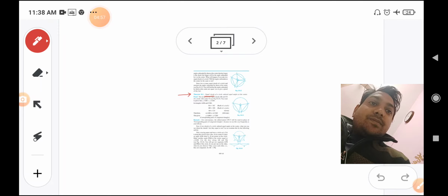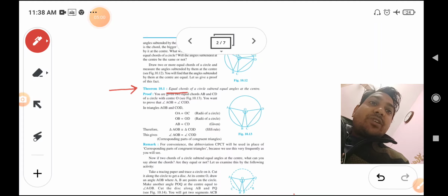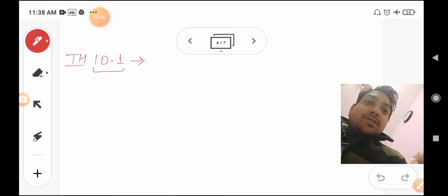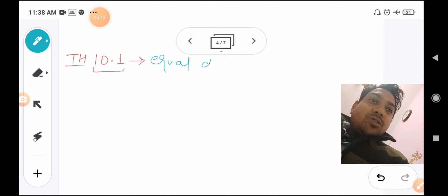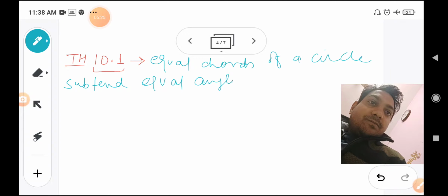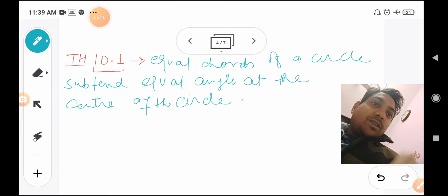The statement of 10.1 is: equal chords of a circle subtend equal angles at the center of the circle, right?